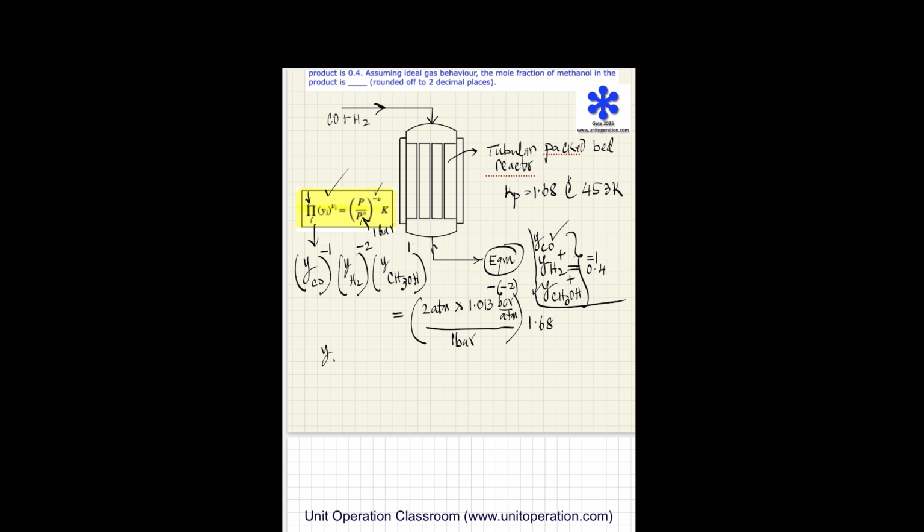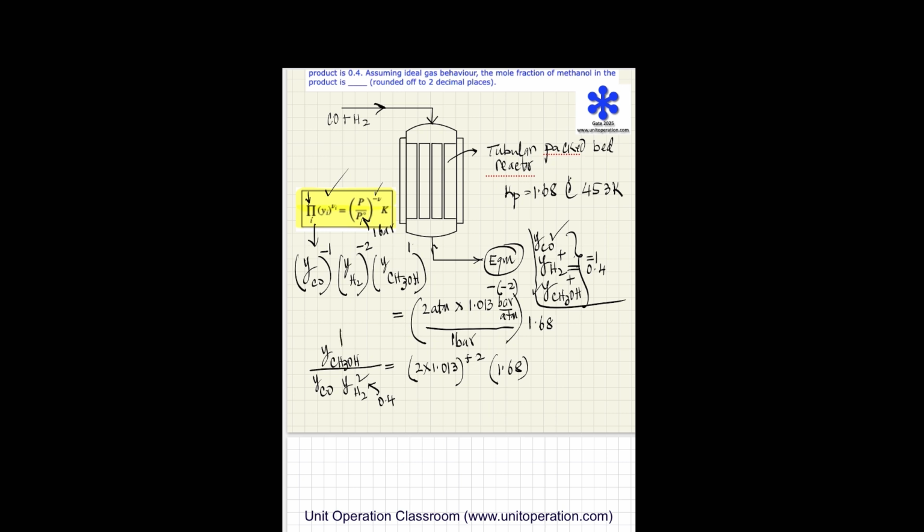We can write y of methanol divided by y of carbon monoxide and y of hydrogen squared, which is going to be equal to 2 times 1.013 raised to the power of plus 2, times 1.68. Now, y of hydrogen is already given as 0.4.